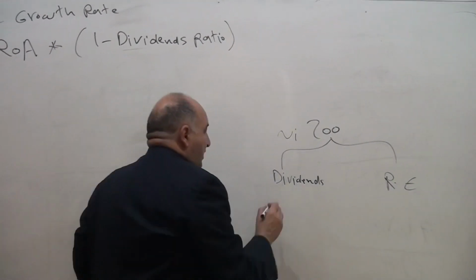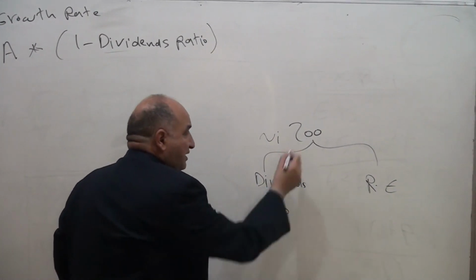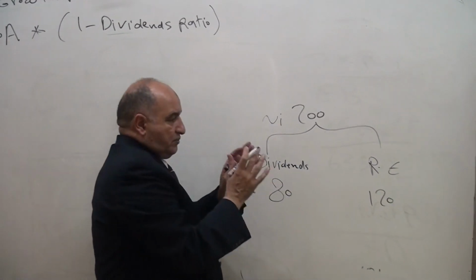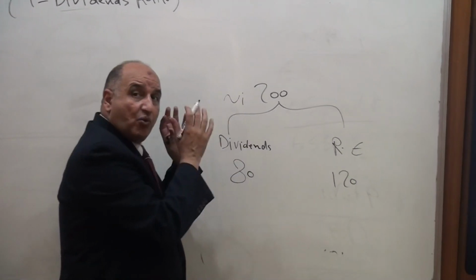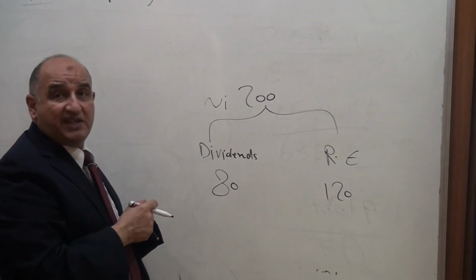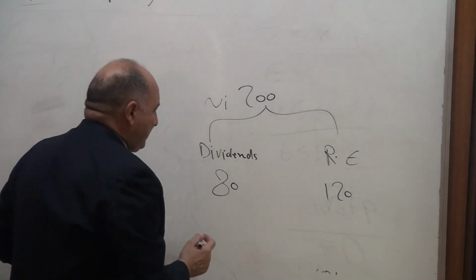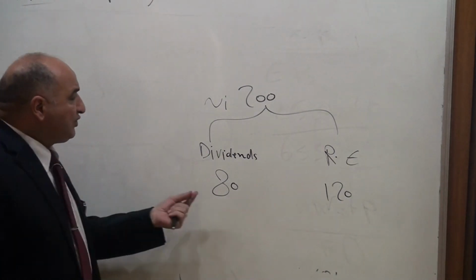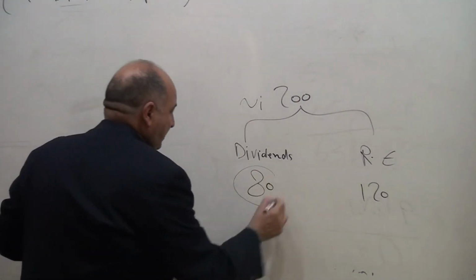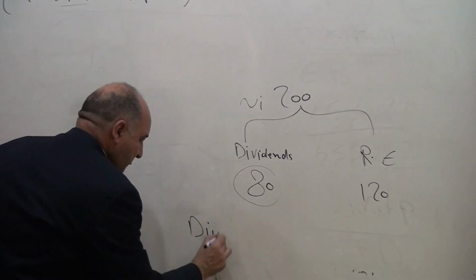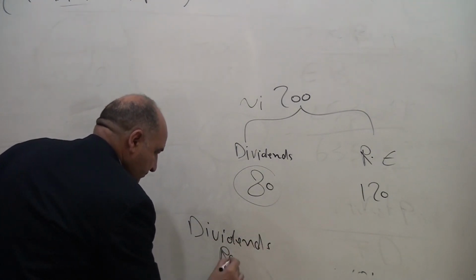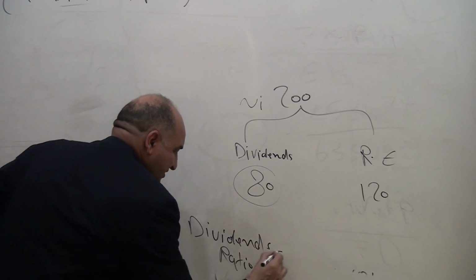So, if we distribute 80 million, which means I will take 120 to be reinvested for the next year. This is the retained earnings. If I need to calculate the dividends ratio, it can be calculated like this.